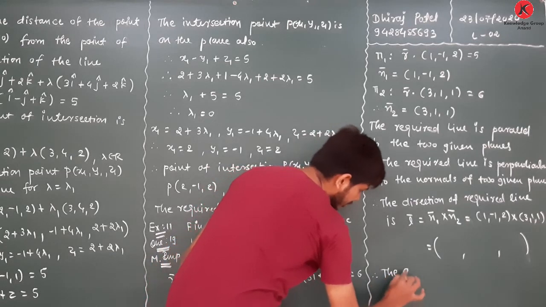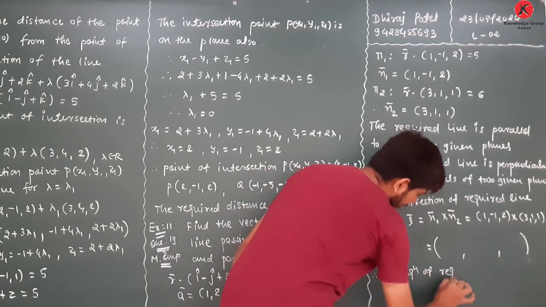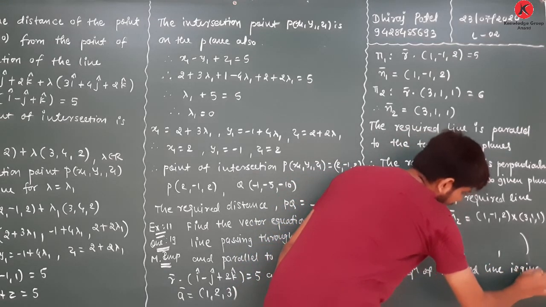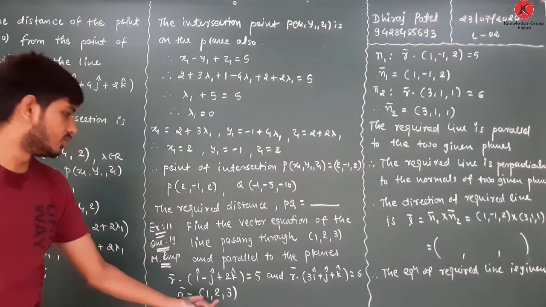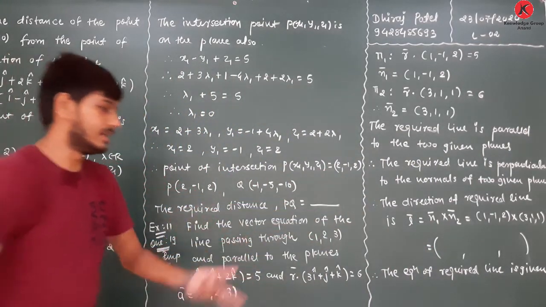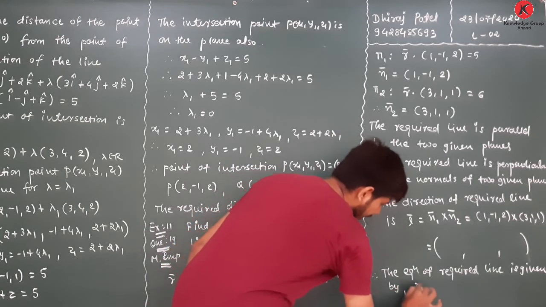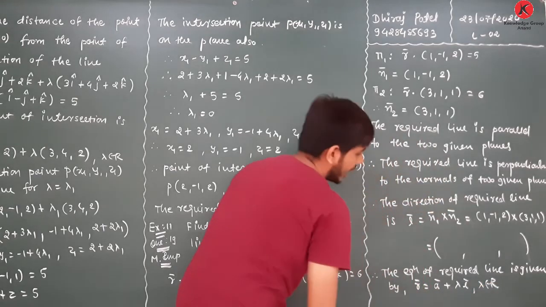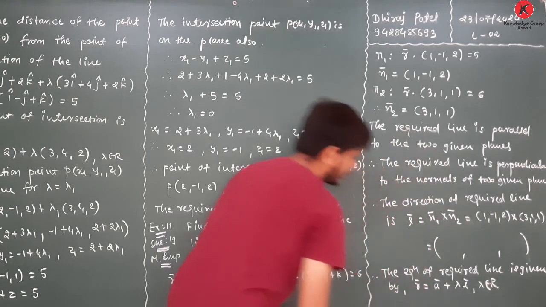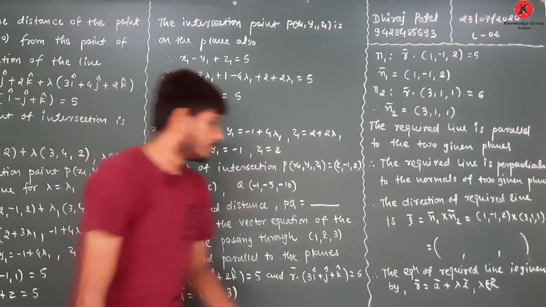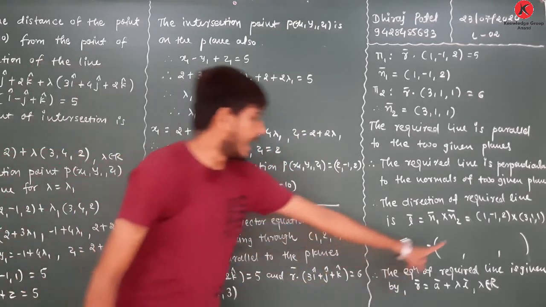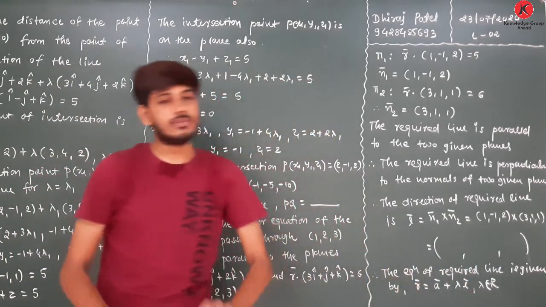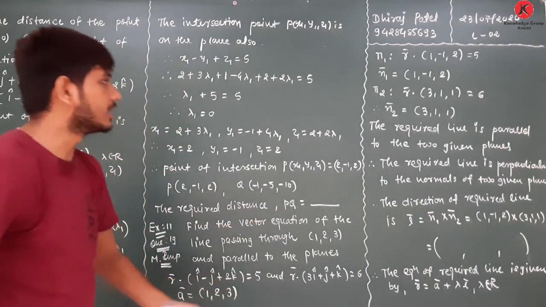The equation of required line is given by, I would statement લખવું: passing through the point (1, 2, 3) and the direction is l bar, this is given by r bar equals a bar plus lambda l bar, where lambda belongs to R. It is given that the vector equation is required, તો આપણે ખાલી vector equation જ obtain કરશું. a bar is here (1, 2, 3), l bar is here, અને l bar obtain કરશો અને પછી ઇક્વેશન ખાલી a bar, l bar ની વેલ્યુ પુટ કરશો, બાકી કશું સિમ્પ્લિફિકેશન કરવાની જરૂર નથી.